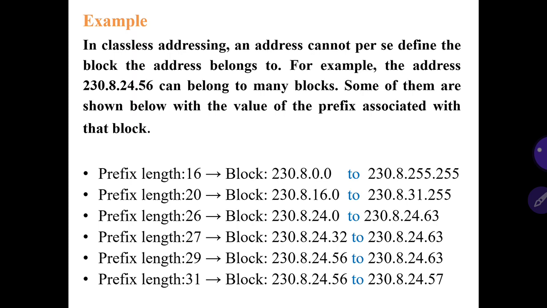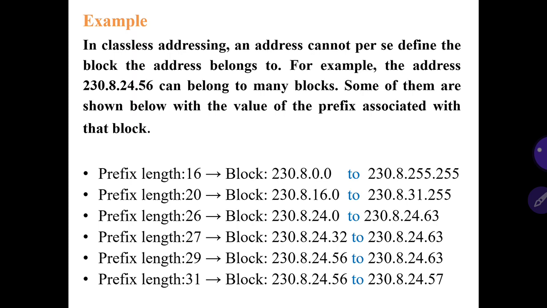Prefix length 16, then the block is 230.8.0.0 to 230.8.255.255. Suppose prefix length is 20, then 230.8.16.0 to 230.8.31.255. Suppose prefix length is 26, the values range from 230.8.24.0 to 230.8.24.63.